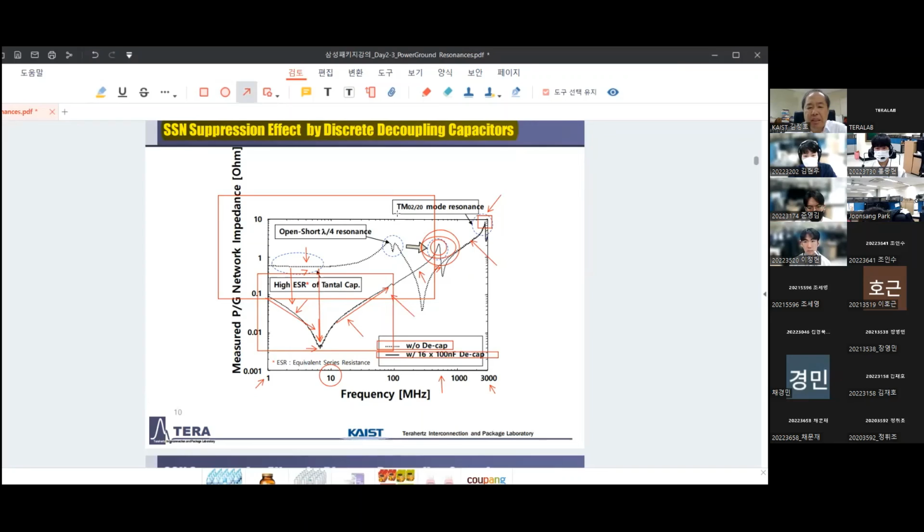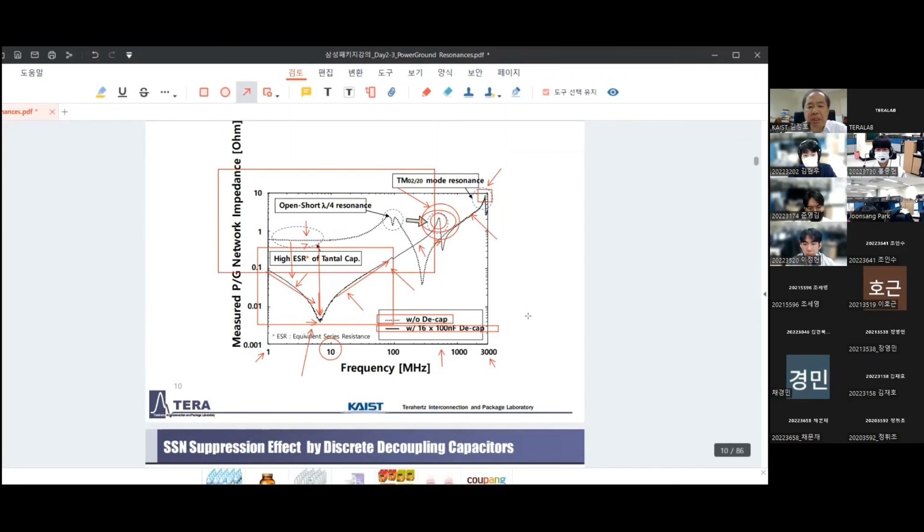The second thing is that we have to be very careful about anti-resonances. And the third observation is that decoupling capacitors on the PCB or package are usually effective only around 10 megahertz or 100 megahertz. This is the measurement observation.